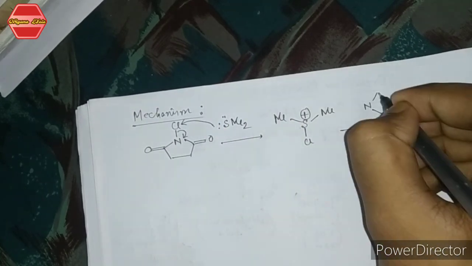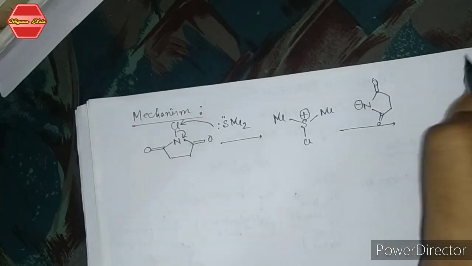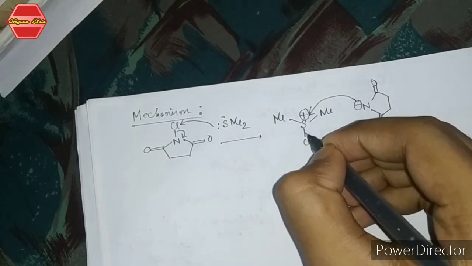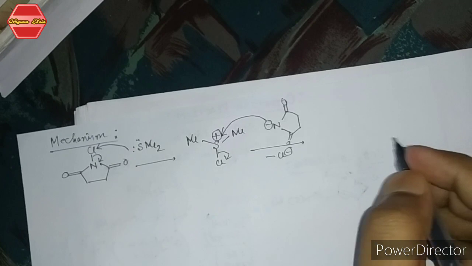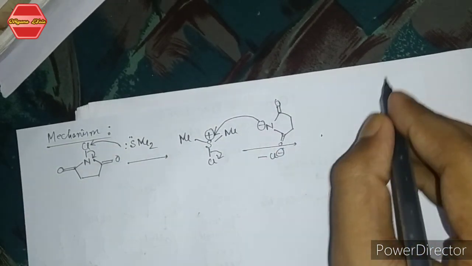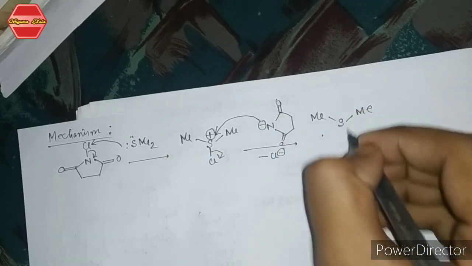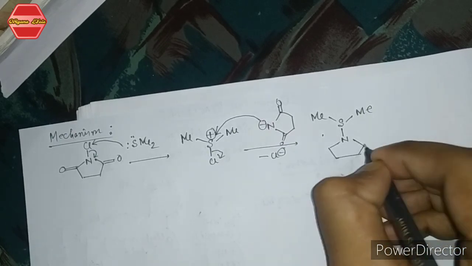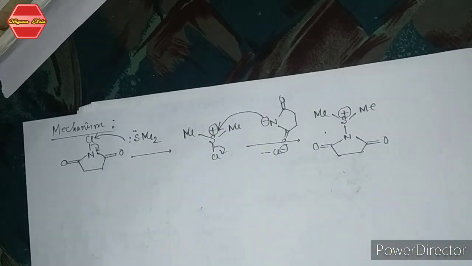So this negative charge will now attack the sulfur atom, and the Cl leaves from the system, so minus Cl minus. Now the product which is formed here is like this, Me and sulfur bonded with nitrogen, this one. Okay, this is positive.